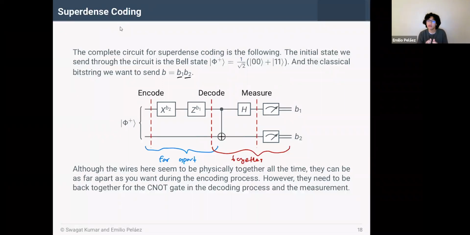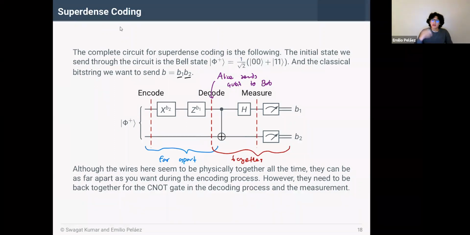So the 2 qubits to which we're going to apply the CNOT gate need to be physically close. So in this part, Alice sends her qubit to Bob. Then Bob has both qubits for the decoding and measurement, okay?